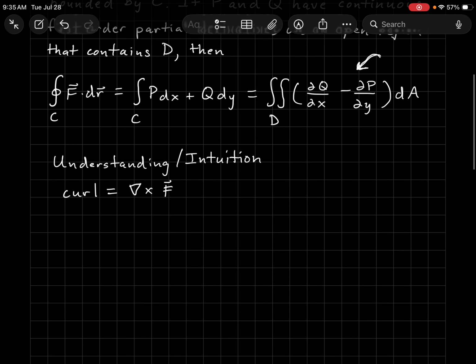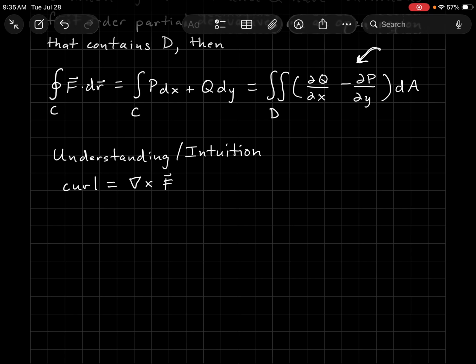Now, the idea of curl is something along these lines. At least this is the way I envision it. So pretend that I have a vector field. I'm just going to draw one that looks something like this.